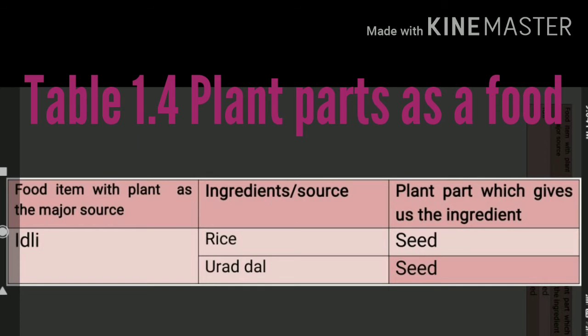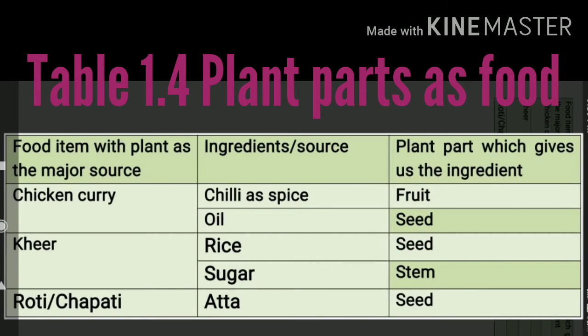Next food item we choose from table 1.3 is chicken curry. To prepare chicken curry we need chicken also as an ingredient, but here we choose only plant parts. So chili and oil are the ingredients which we are getting from plants.